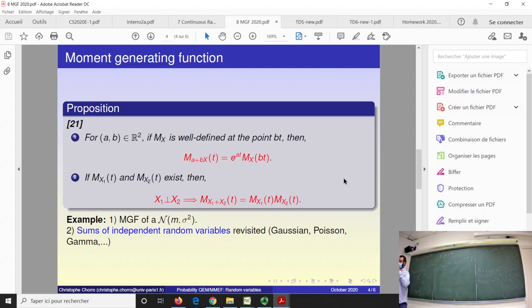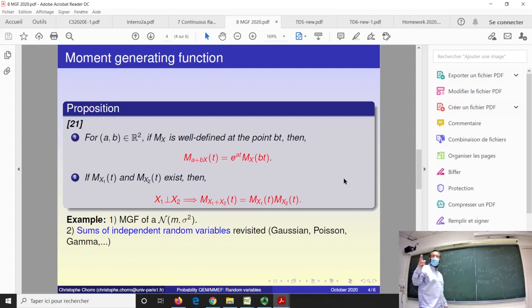But from the property of the exponential, I can write this one as exponential t x1 times exponential t x2. And from the fact that x1 and x2 are independent, the expectation of the product will be the product of the expectations.